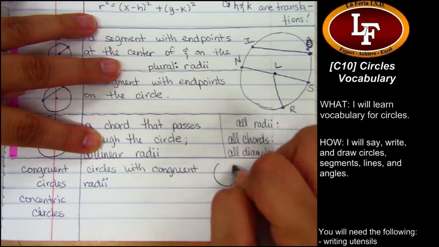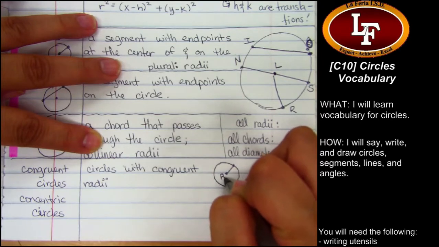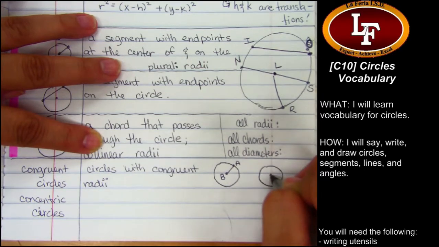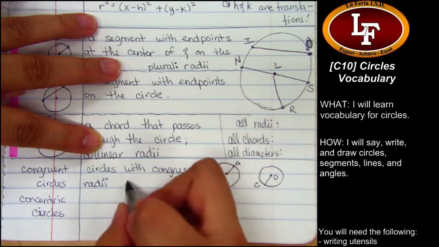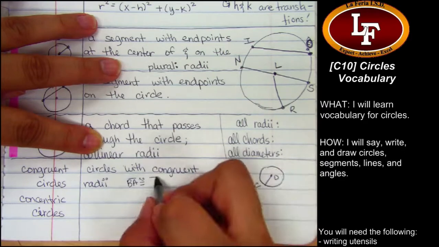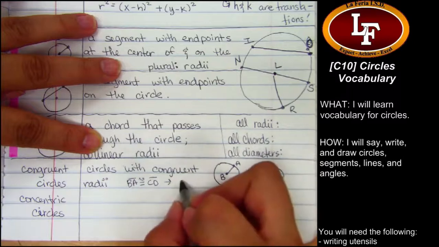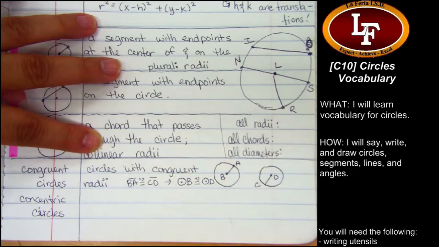So you're going to have one circle sitting over here, and he's got a radius BA, and then you have some other circle sitting over here, and he's got a radius of, I don't know, CD. And as long as we have BA being congruent to CD, that will allow us to say that these circles, circle B and circle D, are congruent to each other.